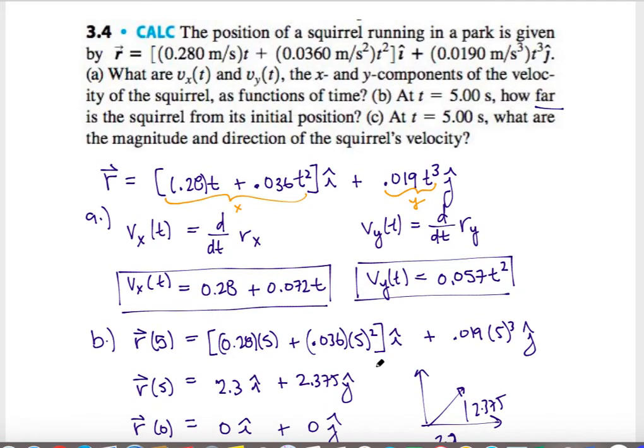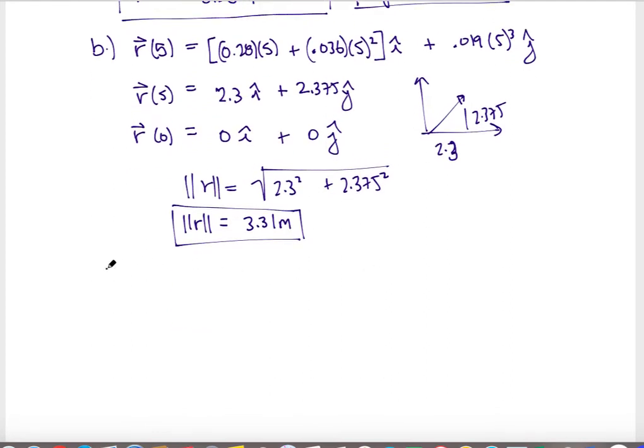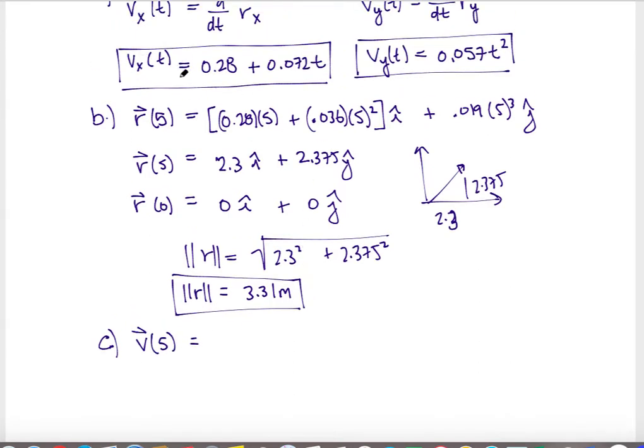Now part C asks for the magnitude and the direction of the squirrel's velocity at 5 seconds. So I want to find velocity at 5 seconds. I have a component in the x direction for velocity as a function of time and the component in the y direction. I can recall that my velocity vector works the same way as my position, where I have my x component times i hat and my y component times j hat.